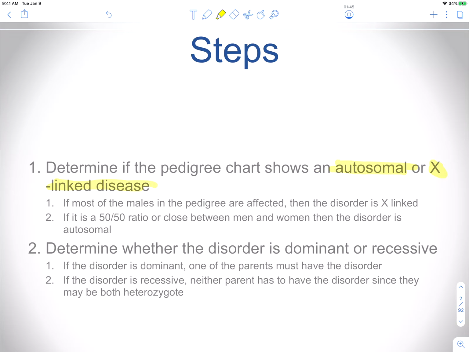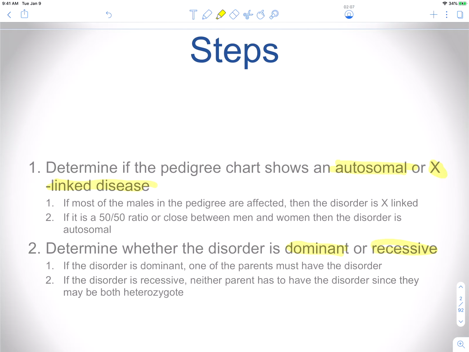To answer this question, if most of the males in the pedigree are affected, then the disorder is most likely X-linked. If it is more of a 50-50 ratio or close to that, with both men and women having the disorder, it is most likely autosomal. The second question is whether it is dominant or recessive.